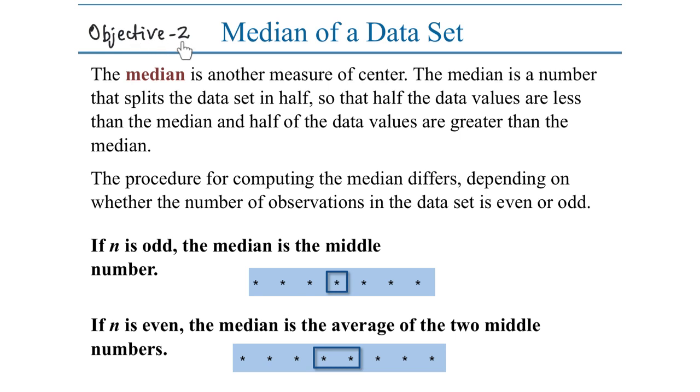Objective 2, the median of a data set. Median is another measure of center. If we get a data set, first we need to write those numbers in order, from smallest to largest. If the number of data values is odd, then the median will be the middle number.